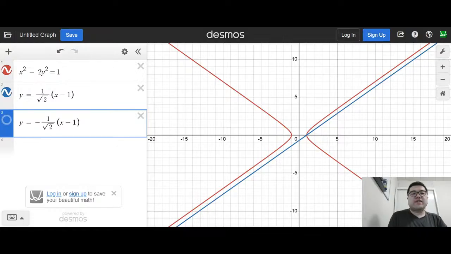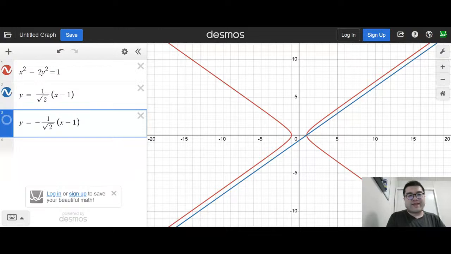Again, what's the asymptote of the curve? It is in fact y equals just the slope times x without the minus one part. These two, plus or minus version, will actually give me the two asymptotes of the curve, and now we have the shift of the asymptotes.